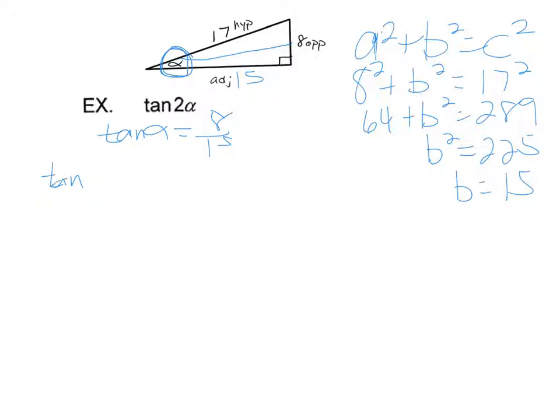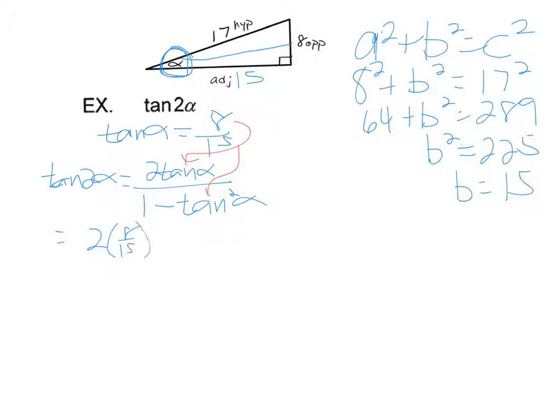So the formula for the tangent of 2 alpha, or theta, doesn't matter, is 2 tangent alpha over 1 minus tangent squared alpha. And so the 8/15 will go everywhere we see tangent. 2 times 8/15 over 1 minus 8/15 squared.